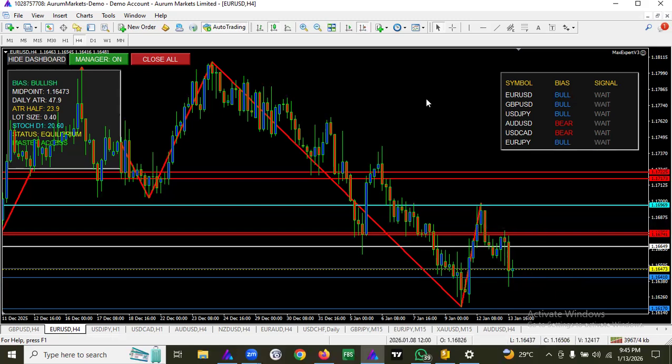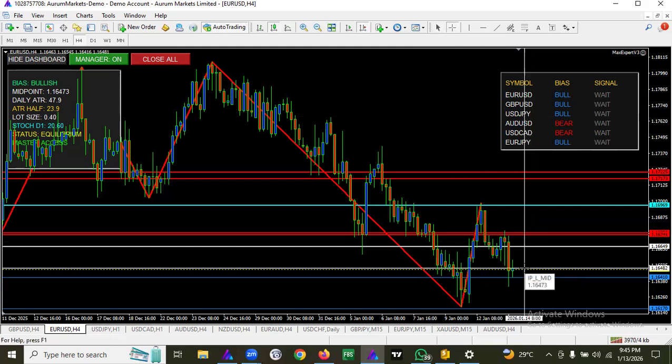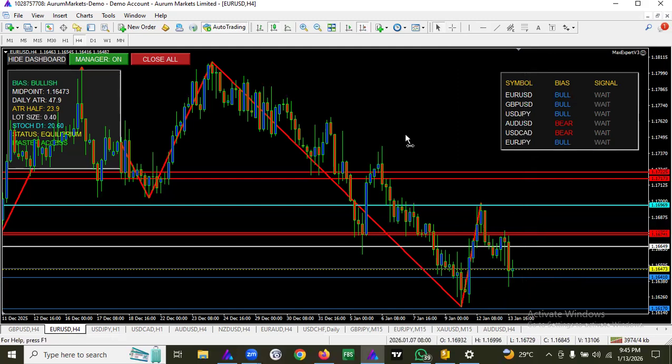So this is likely going to play out before New York session tomorrow. But that will be trading against the trend, which is my fear. So I would like to flow with the trend instead of trading against the trend. Are you getting me? Yeah, I would like to flow with the trend and not against the trend.